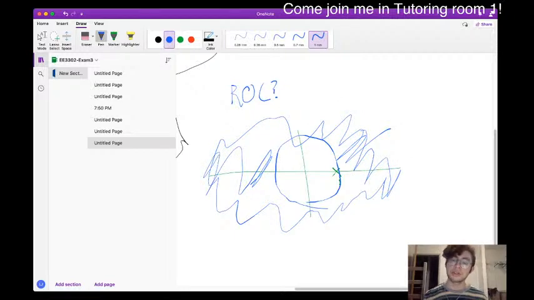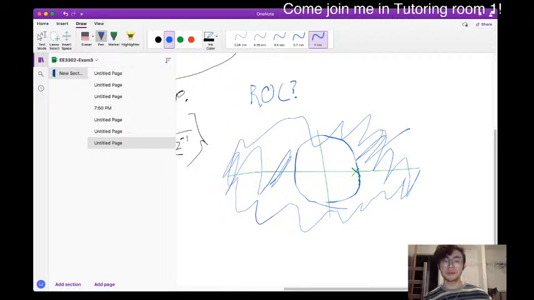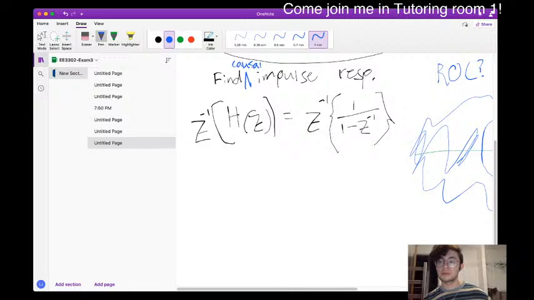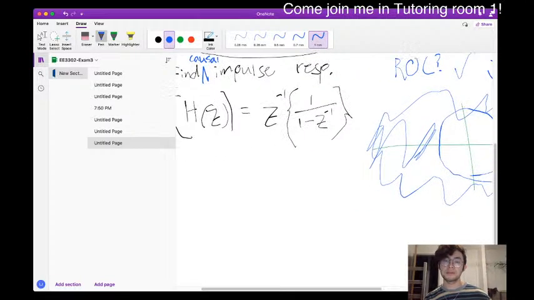Great, now that we know the ROC, what is the impulse response that we get from our inverse z transform right over here? That's going to be just a unit step function.